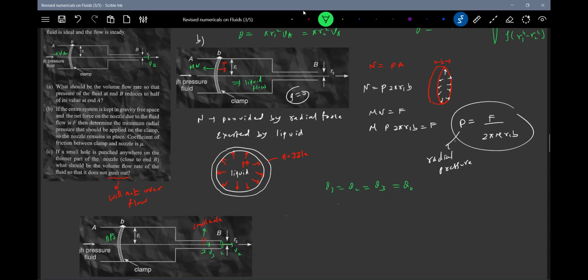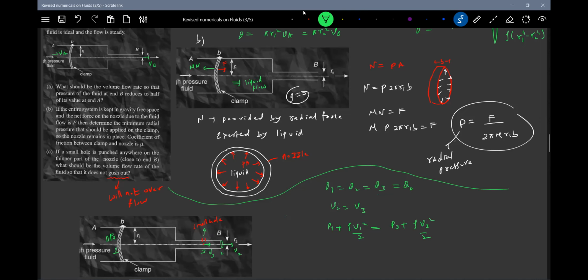Then new problem it is, third part we are discussing. Then I'll apply between 1 and 3, because at 2 and 3 that will be the same, and we know V2 equal to V3. Let me apply Bernoulli's theorem between 1 and 3. The problem will be solved. Pressure at 1 plus rho V1 square by 2 equal to pressure at 3 plus rho V3 square by 2.